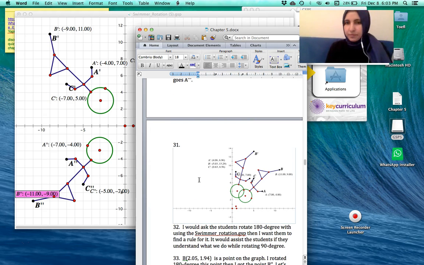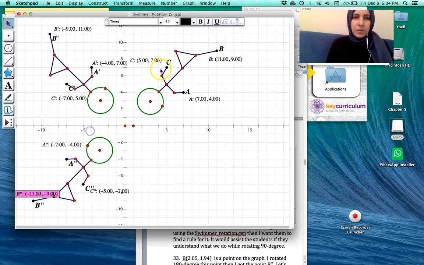Question 31. Rotate the points A, B, C about the origin through an angle of 30 degrees. Is there a rule that you could use to describe the relationship between a point and its corresponding image under the rotation? I already rotated.